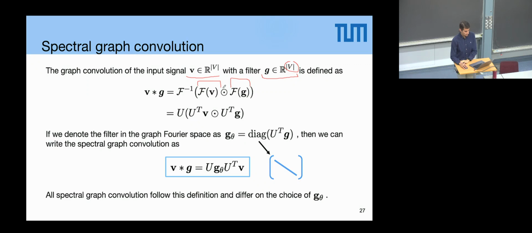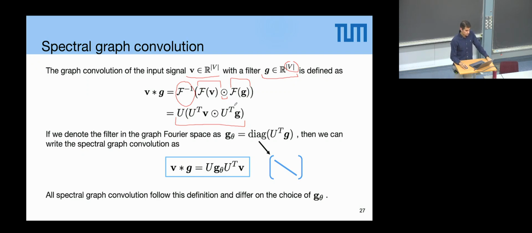We do the element-wise product, because in the graph Fourier space convolution is equal to element-wise product. These are two vectors, so we are just multiplying each of the elements of the vector, and then we compute the inverse of the transformation. So we have it here, replacing the transformations with the matrix U.